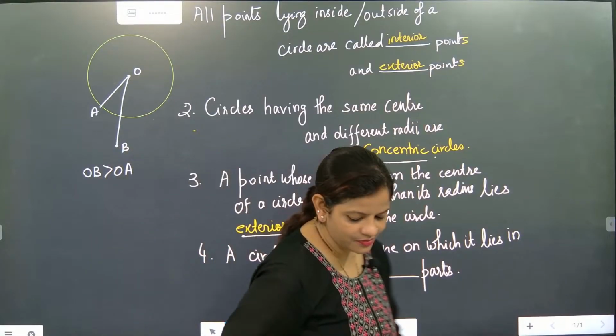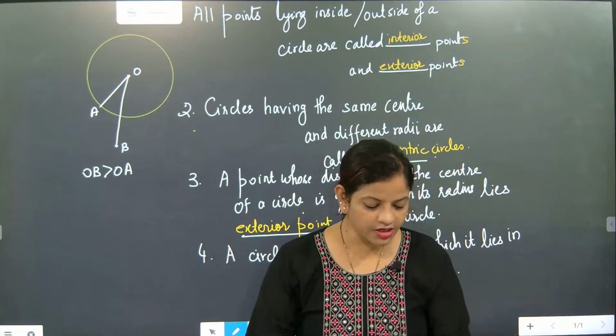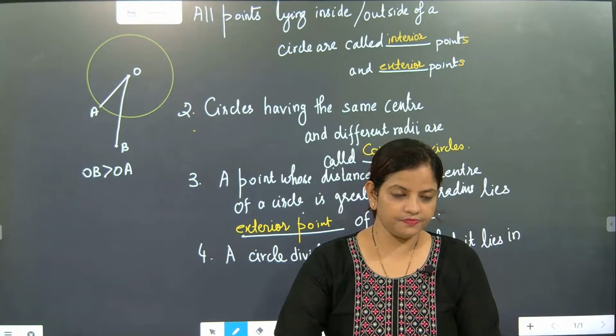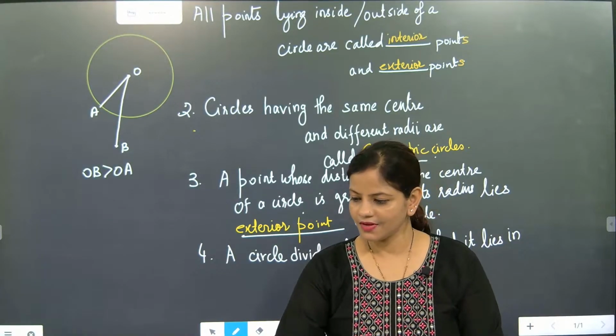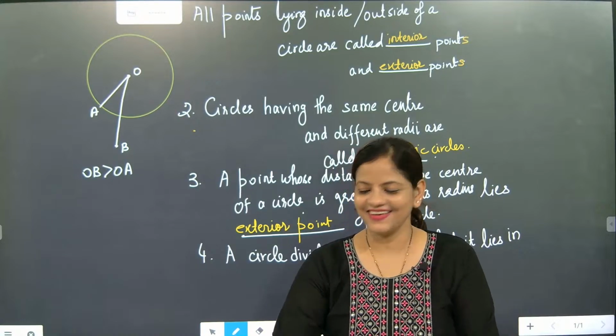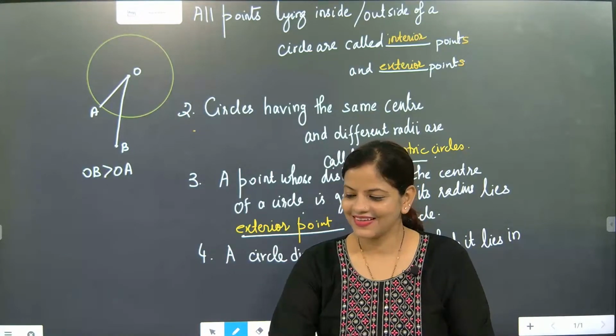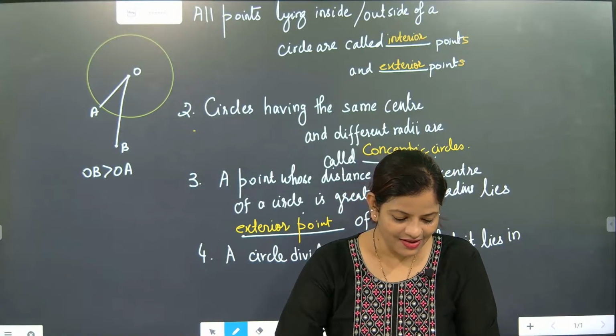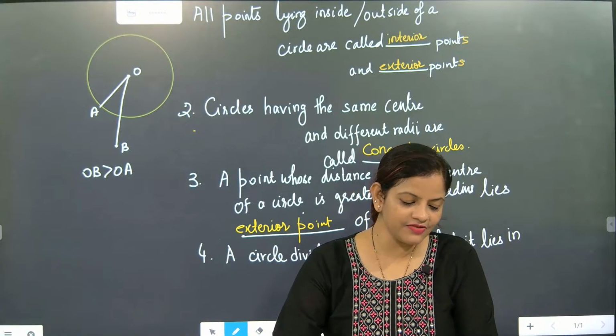That's the mistake everybody is making. In how many parts is the circle dividing the plane?